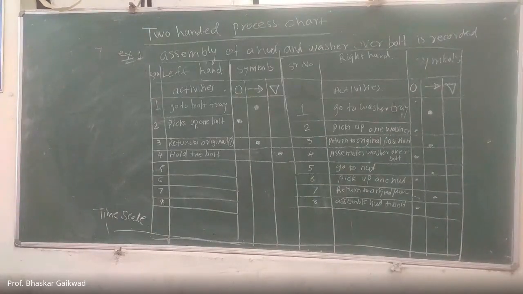So what about the left hand side? When in serial number five our right hand will go to the tray of the nut, this is the transportation. Then pick up the nut, operation will be there. Then returns to the original positions, this is transportation. Assembly of the nut over the bolt, this is the operation.